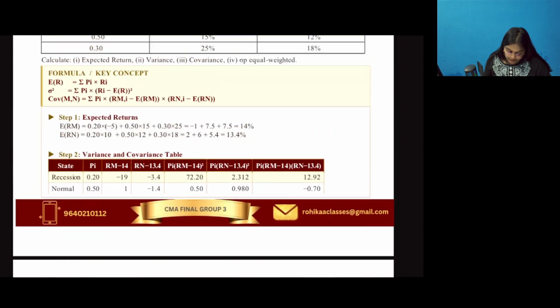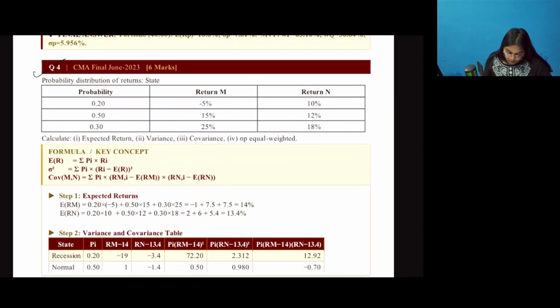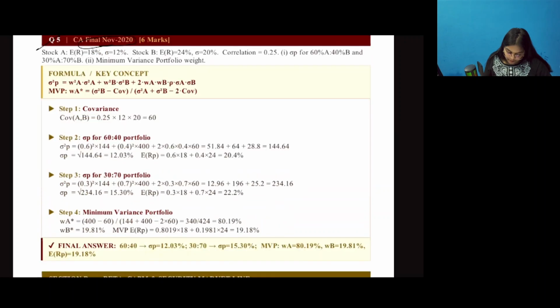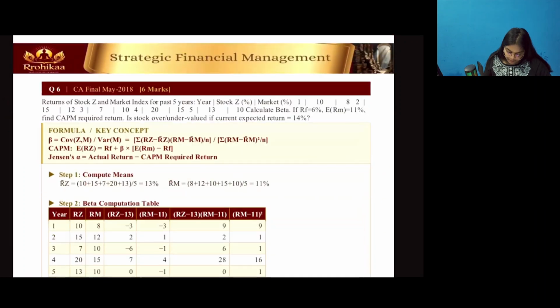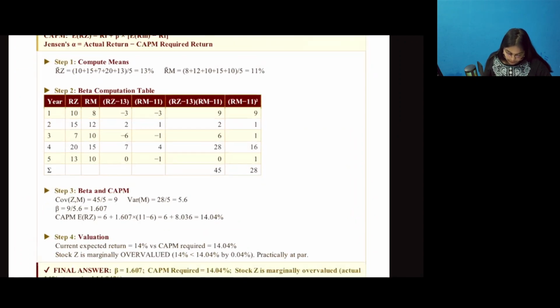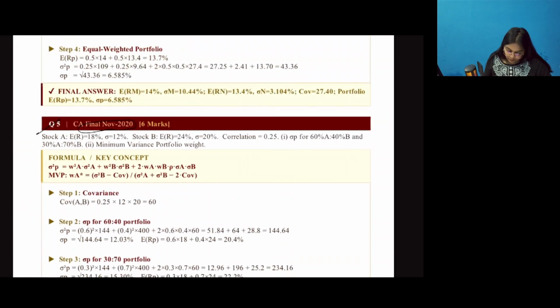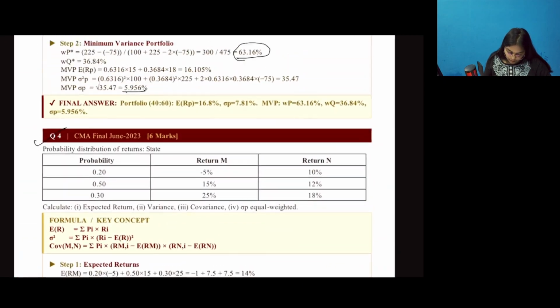Now we'll discuss this 4th question and we'll end the class, and further on we'll discuss concepts such as CAPM return, Sharpe index model and beta. So for now we'll discuss the 4th question.